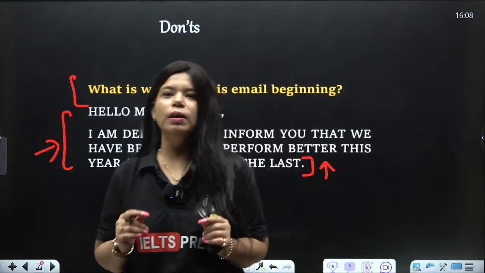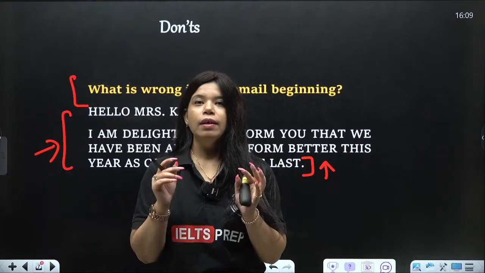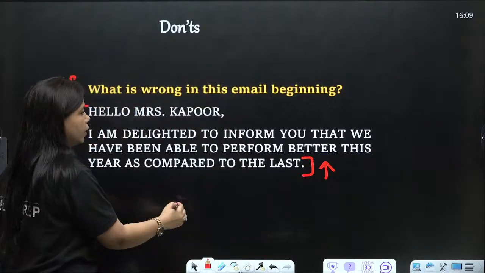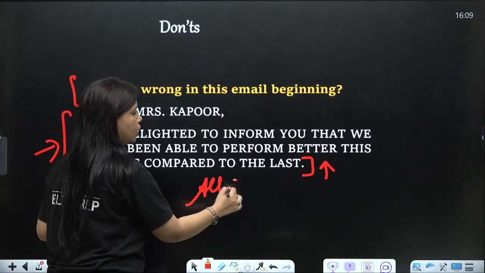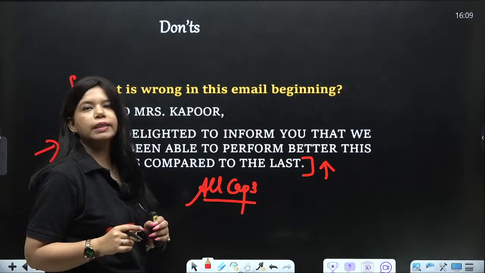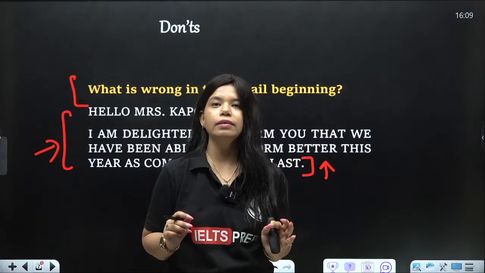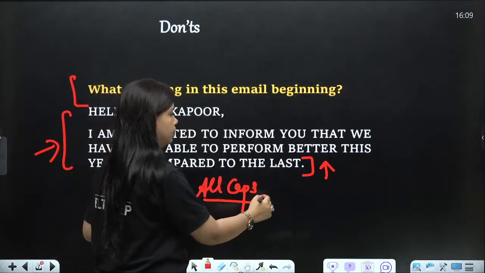Okay, the problem here is, and this is considered a huge problem in email writing, that we have written the content using all caps. And when you write the content using all caps in email, इसका सीधा सीधा क्या मतलब निकलता है? It is considered as if you are shouting.